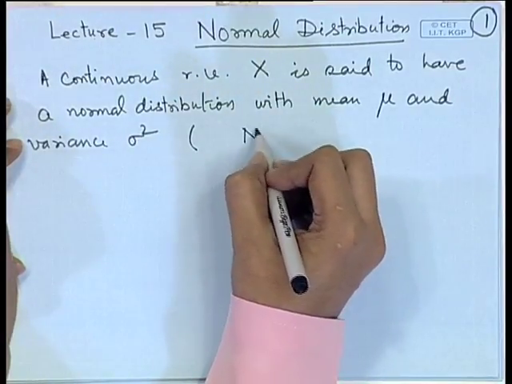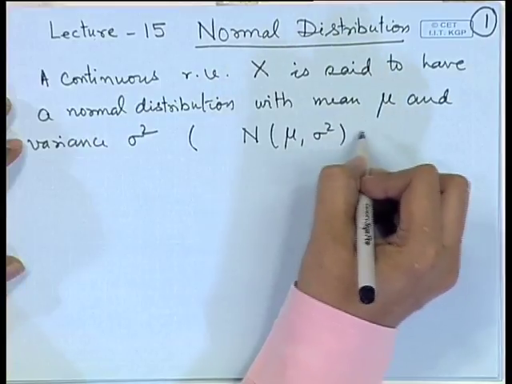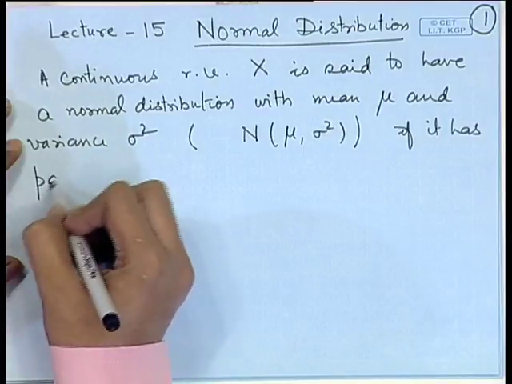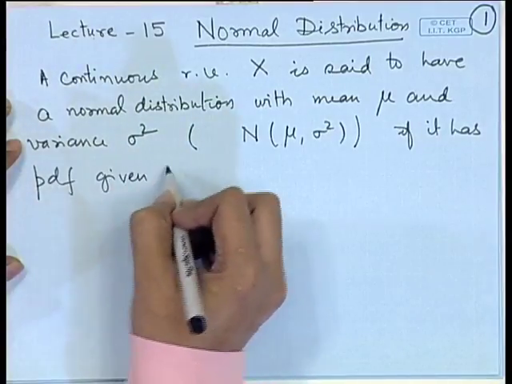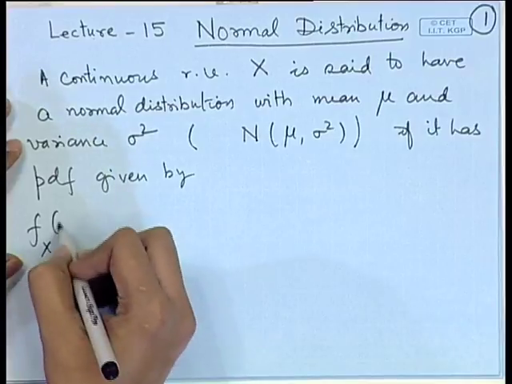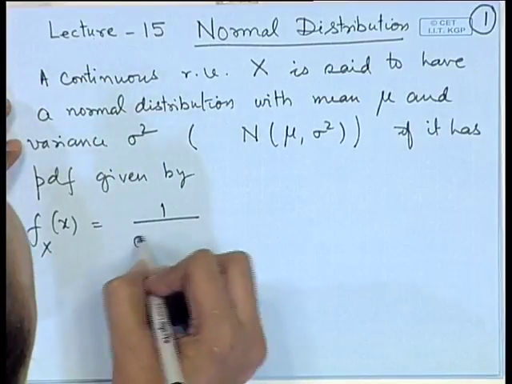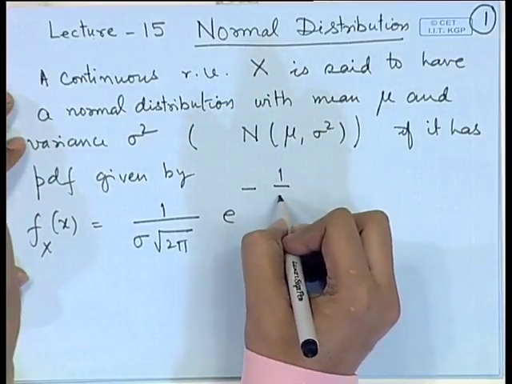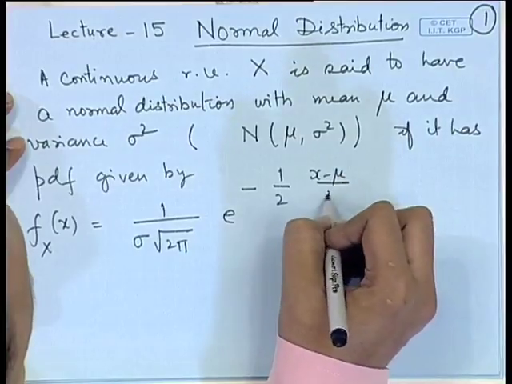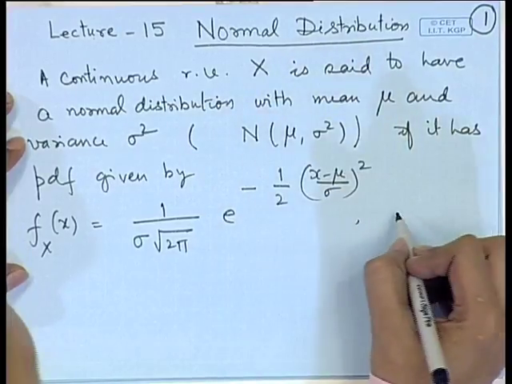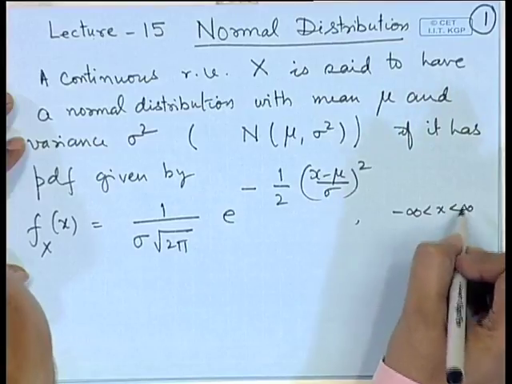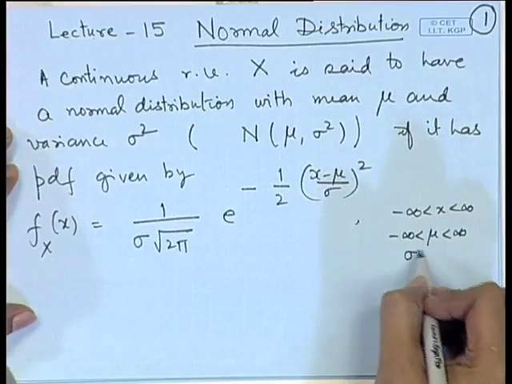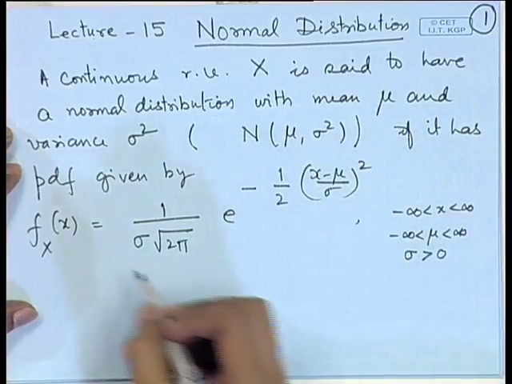We will denote it by N(mu, sigma square) if it has the probability density function given by 1 by sigma root 2 pi e to the power minus 1 by 2 (x minus mu by sigma) whole square. The range of the variable is the entire real line. The parameter mu is a real number and sigma is a positive real number.